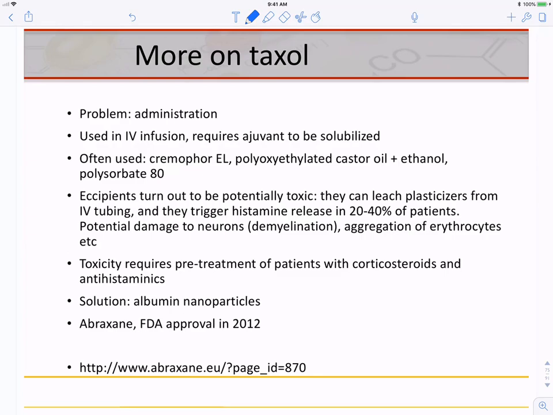It's difficult to solubilize, and that makes the infusion relatively painful, and that's a problem, of course, for the patient. A more recent way of delivering Taxol is to use albumin nanoparticles, which was approved in 2012, and that has greatly improved the tolerance of Taxol by the patients.